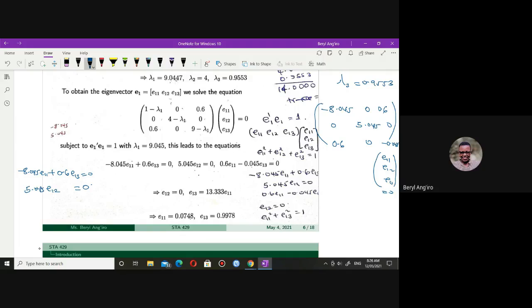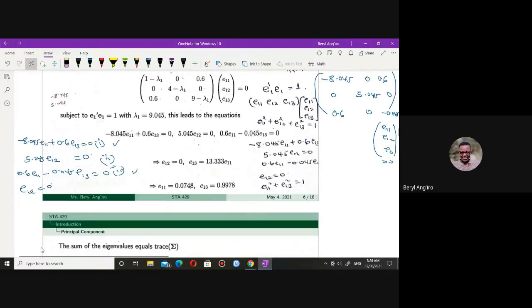And the last one is 0.6 E11 minus 0.045 E13 equals 0. So from here already E12 is 0. And if E12 is 0, then we can use either equation 1 or 3 to make E13 the subject.